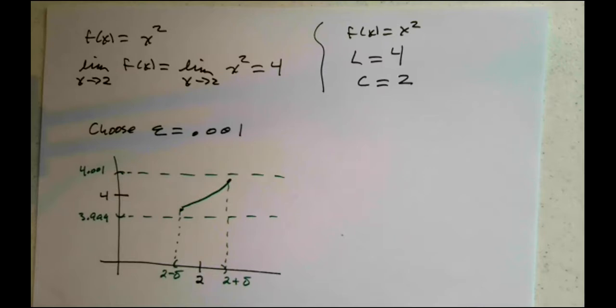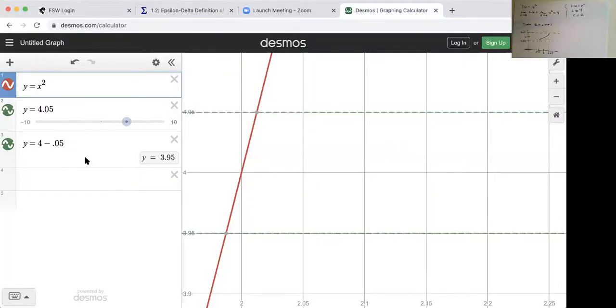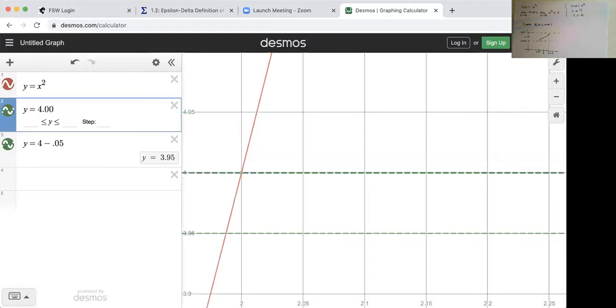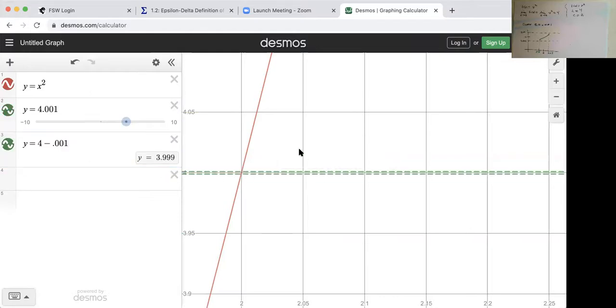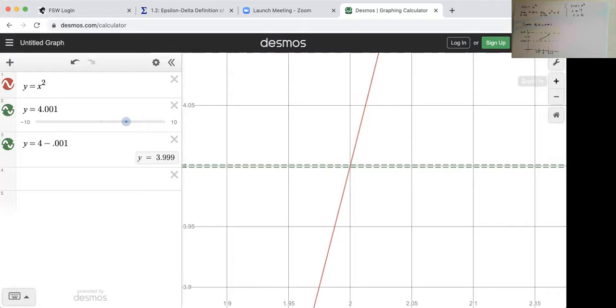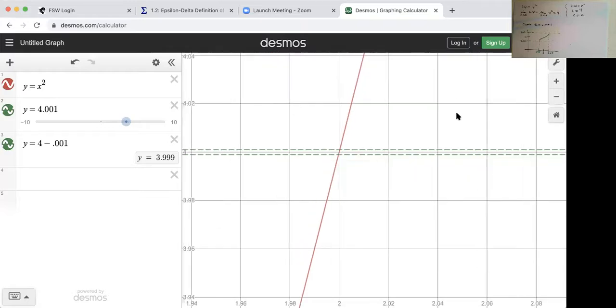So let's go back to Desmos one more time. And this time I need 4.001 and 3.999, or 4 minus 0.001. So really, really close together. So what do I have to do?